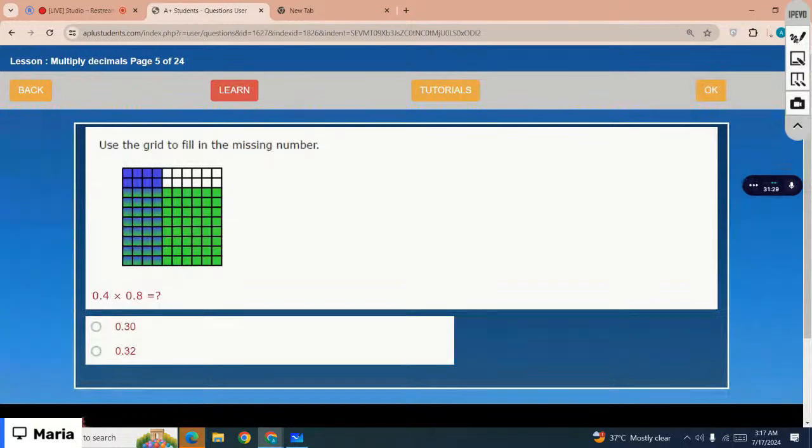Use the grid to fill in the missing number. So which number is missing?